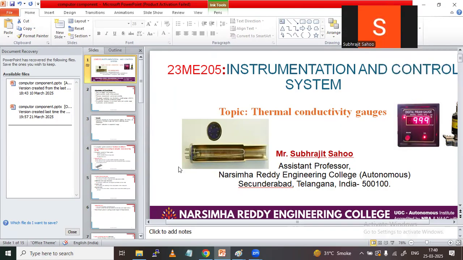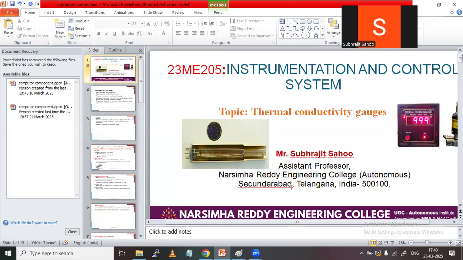Actually, in this pressure measuring instrument, we are taking the help of some electrical components. Without electrical components, we cannot measure by using this kind of measuring instruments. Earlier, the Bourdon tube pressure gauge, dead weight gauge or dead weight tester, bellows, diaphragm, all these are purely mechanical instruments.